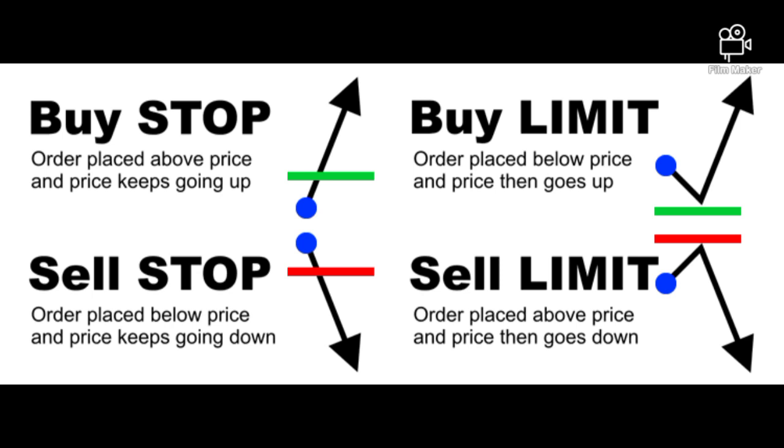Let's talk about stop orders. For a stop order, you expect the market to keep on going in the trend it is currently in, but you do not want to execute instantly. You simply stop your order from executing until it reaches your desired price, then an entry is triggered.